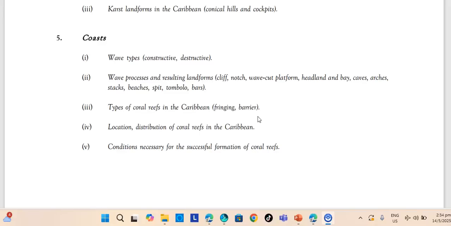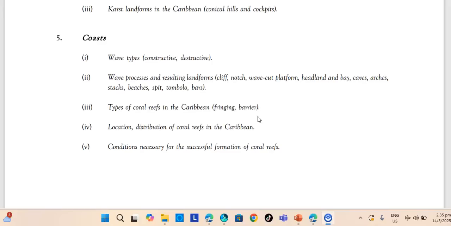Belize is the home of the Belize Barrier Reef. In the Bahamas, many fringing and patch reefs are there. If you have been to Barbados, St. Lucia, or Grenada, you'll find a lot of fringing reefs around their coast. They are often found on the Caribbean coast of islands and along continental shelves.